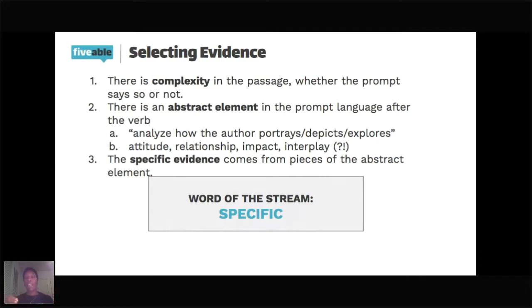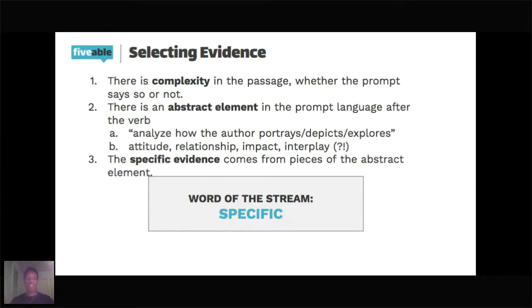So going back to that question earlier about 4 or 5 paragraphs, if you have interpreted that there is a shift in the passage that establishes the 2 sides of the complexity, and you have a full-bodied paragraph with evidence and commentary that supports one side of the conflict or complexity, and then another full-bodied, insightful, analytical paragraph that explores the other side, then you have a really well-written essay that will earn you all the points, because you have specific evidence that connects to the line of reasoning, and you have commentary that connects the evidence to the line of reasoning.